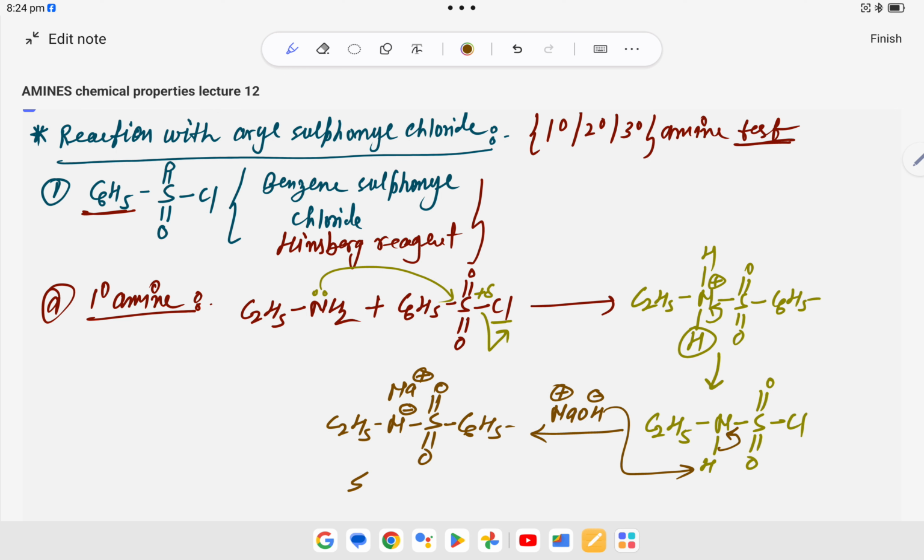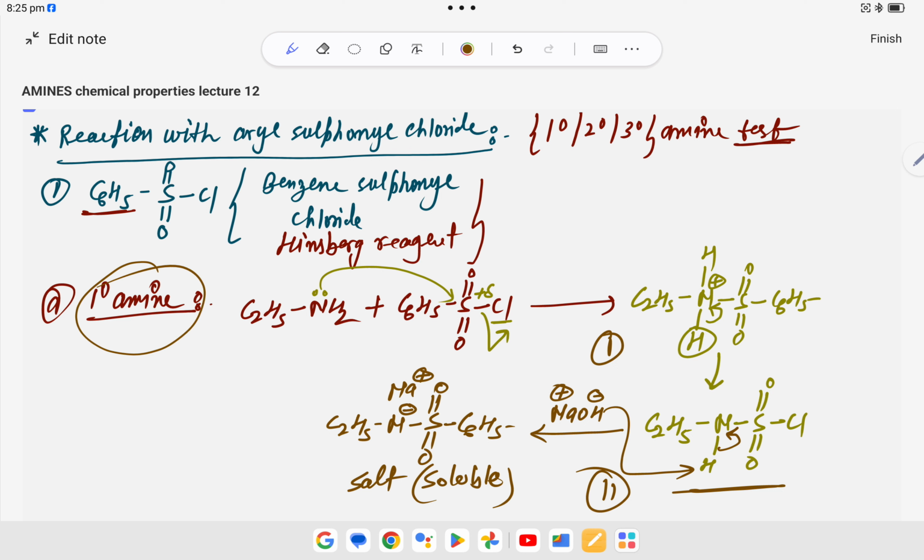So it is forming a salt which is soluble. This is the first phase of the reaction and this is the second phase. So this substance dissolves in base, in alkali. If the substance is soluble in alkali, then the amine is 1 degree. That is the concept.